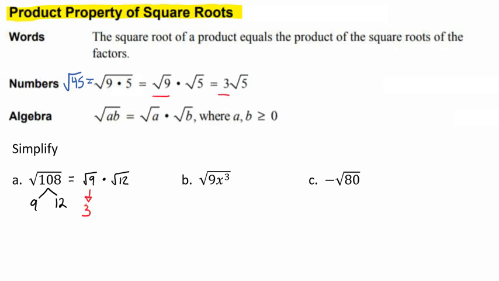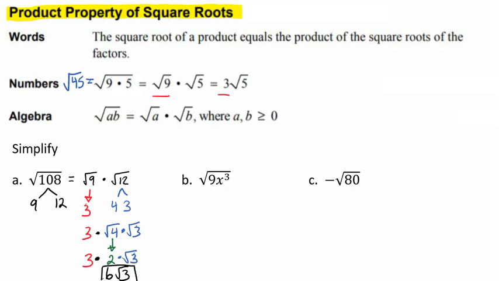And we know that 12 can actually be broken down into 4 and 3, which then gives us 3 times the square root of 4 times the square root of 3. And we know that the square root of 4 is 2. So we have 3 times 2 times the square root of 3, which gives us 6 radical 3 as our solution.